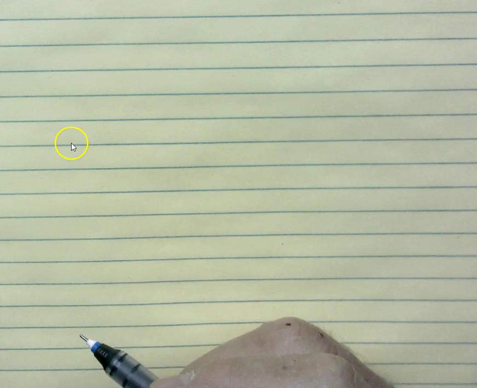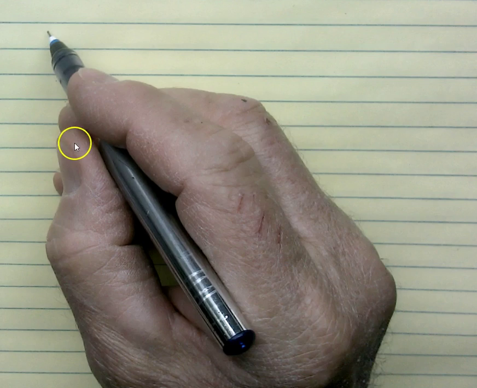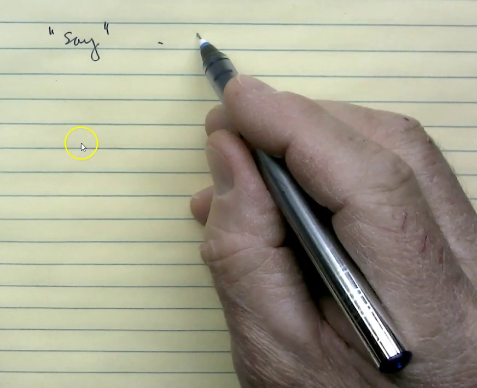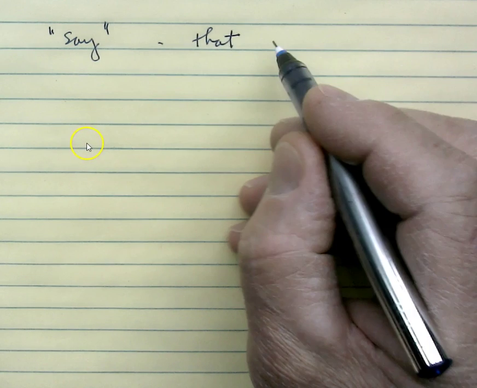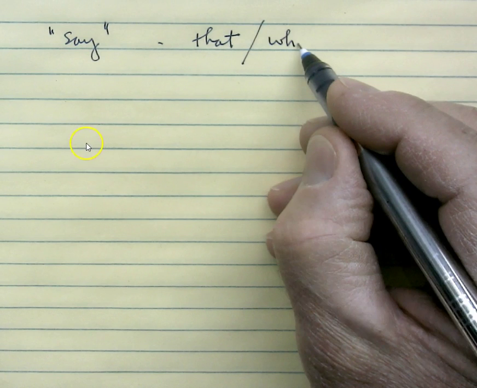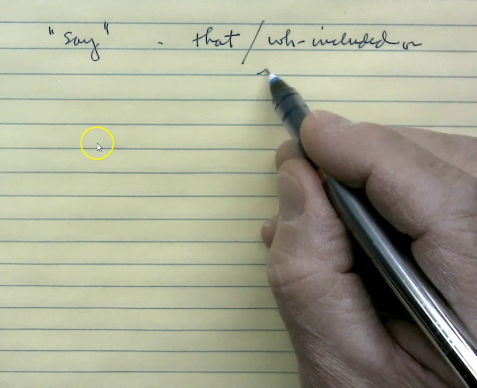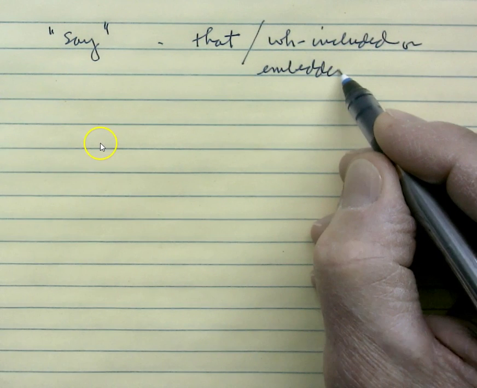And if we're looking more closely now at reporting verbs, then we should also see that different reporting verbs vary in the types of constructions that they can introduce. So, for example, when we use say, then we're going to be following it with a that or a WH included or embedded clause.